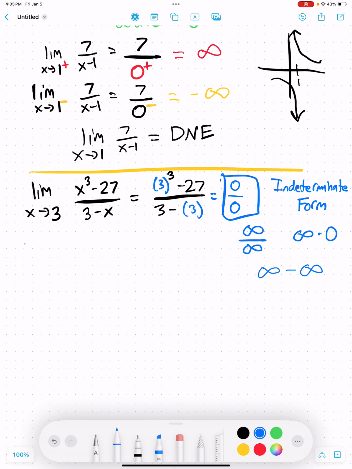Well, it turns out, let me switch to black. It turns out that the numerator can factor. So when I factor the numerator, I get x minus 3 times x squared plus 3x plus 9.